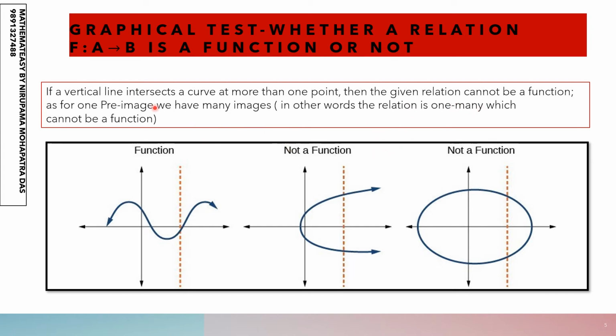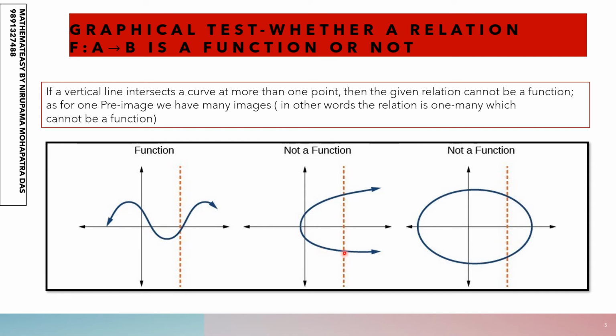The logic is very simple. Suppose for one pre-image we have many images, where many signifies more than one. Suppose this line intersects the curve at two distinct points, and suppose this line is at a distance of 5 units from the y-axis, so x = 5. I am just taking an example.